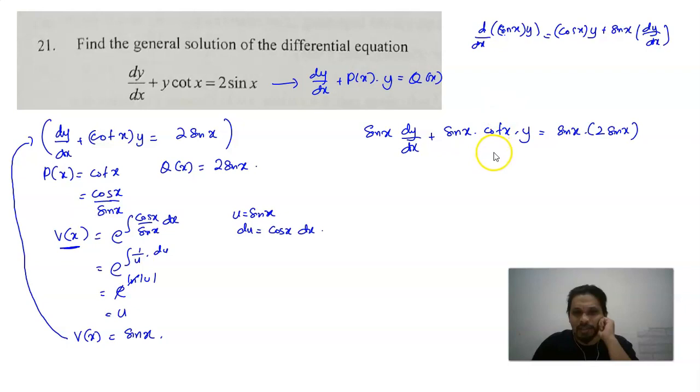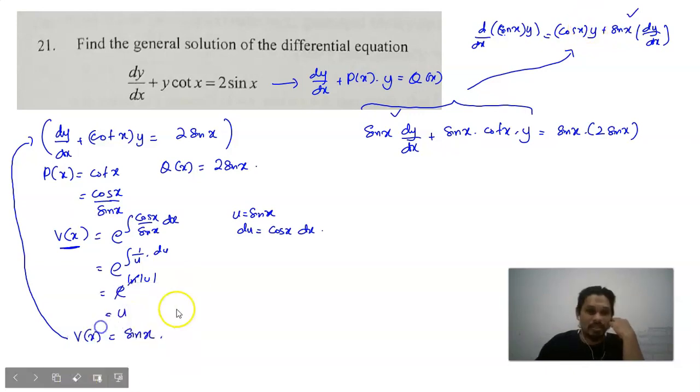Now look at the left side and compare. Sine x dy/dx and sine x dy/dx are exactly the same. But sine x cotangent x y is not the same as cos x y.